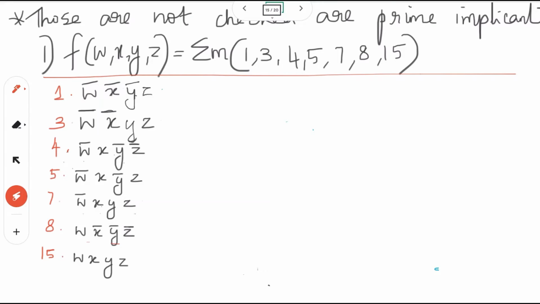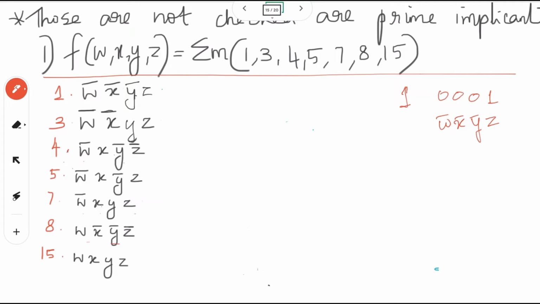This is a 4 variable expression. So write all the minterms for the corresponding values. We know that 1 corresponds to 0001. So this can be written as W bar, X bar, Y bar, Z.